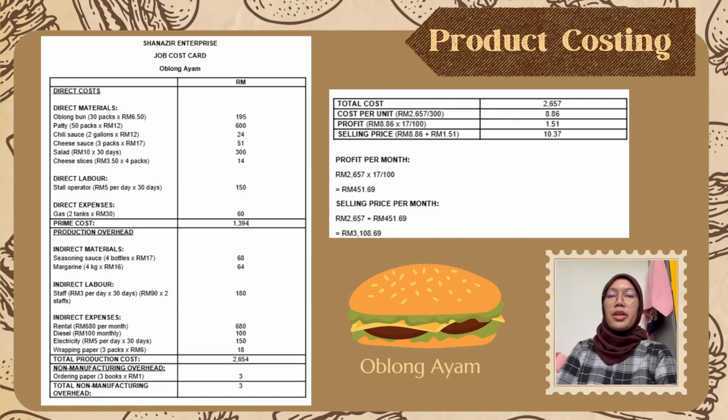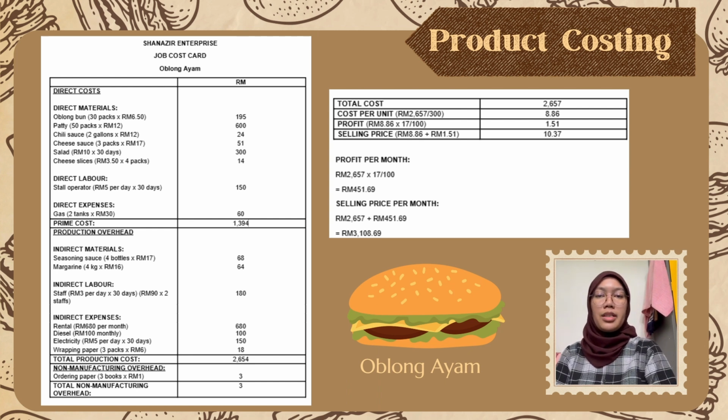Hello and Assalamualaikum everyone. My name is BINTI and right now I'm going to present our job costing for Oblong Ayam. The first thing is we are going to look at the direct cost, which is direct materials, direct labor and direct expenses. By adding all of this up, we get our prime cost, which is 1,394 ringgit.